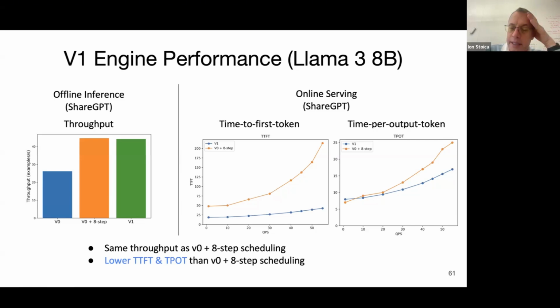And there is another thing, you see this 8-step scheduling. This was in the early version of V0 of vLLM. After each token, you have to test whether you ended generating the entire output, so whether it's an end-of-output token. After each token you have to do it, and then you have to go through the CPU to check that.